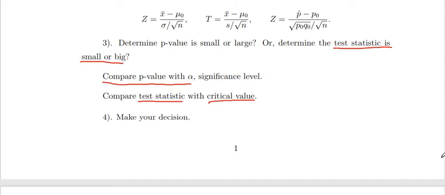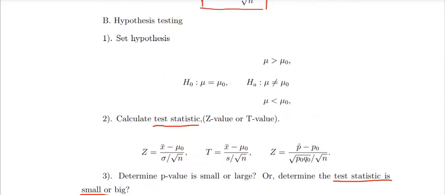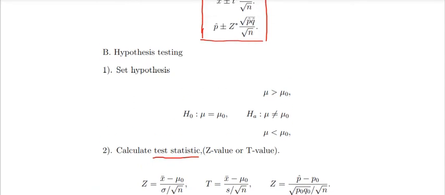If the test statistic is not so big, it's small, then we say the difference is small. If the difference is small, then we just accept H0, right? So mu equals mu 0 is acceptable. Okay, so this is the one sample problem.